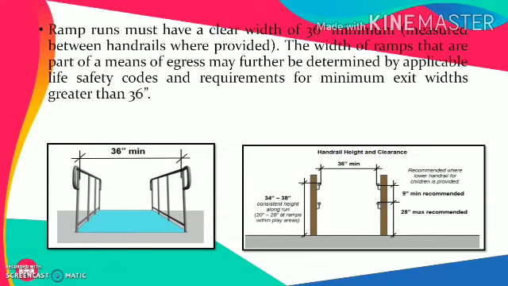It even recommends that there should be more than one handrail, particularly at a lower level, at a range of around 20 to 28 inches. This helps the easy movement of children, as well as being a safety feature too.